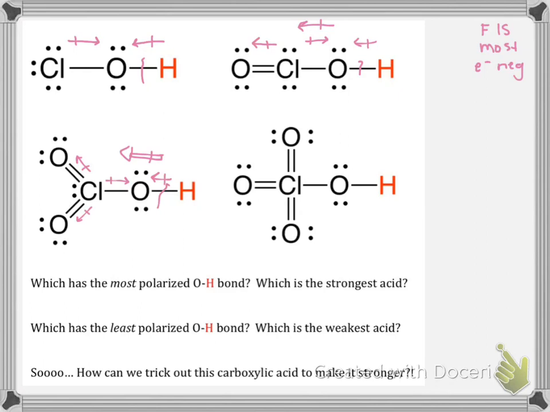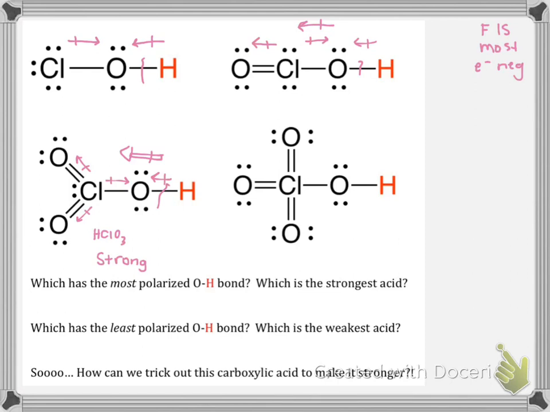And this you might recognize as HClO3, which is a strong acid. And the fact that there are oxygens drawing electron density away from that hydrogen, making that bond so much more polar, is what makes this just completely dissociate when it hits water.